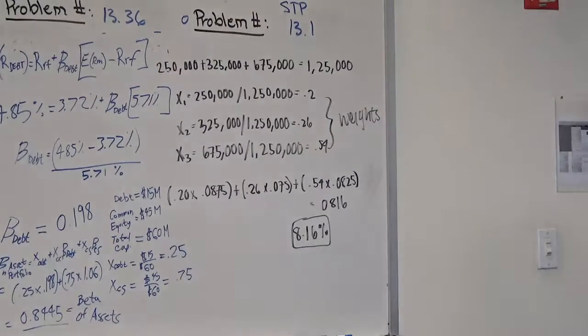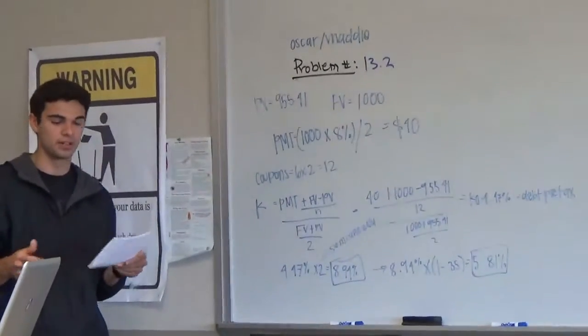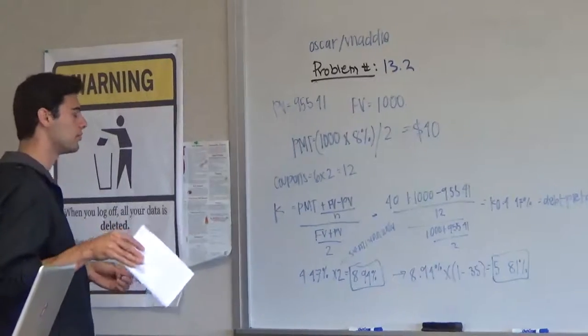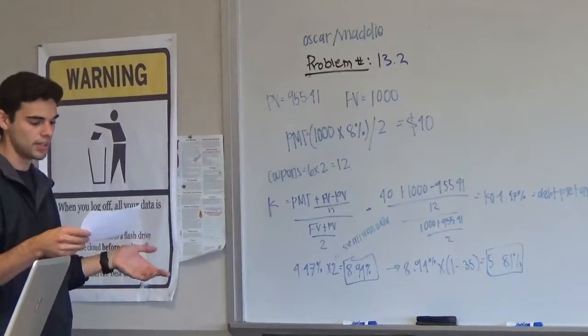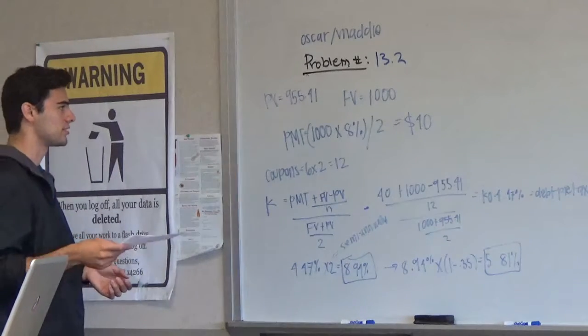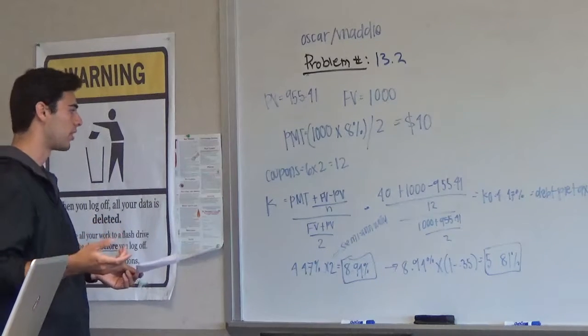So the next one is we're finding the pre-tax cost and after-tax cost of Core Industries debt with the 8% coupon bond. And so you start out by finding the annuity payment. So that's the future value times 8%, which is the 8% coupon bond outstanding, and you divide it by 2 because the interest is compounded semi-annually. So you get $40.